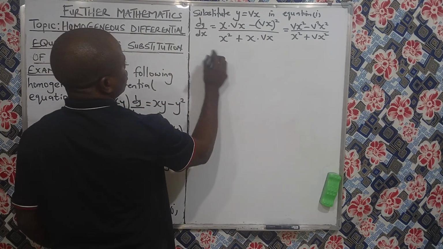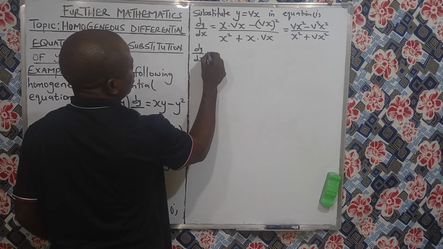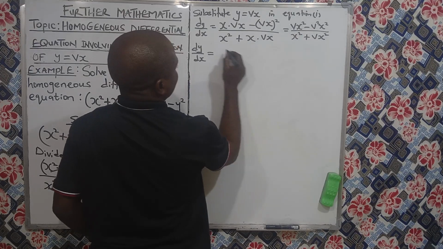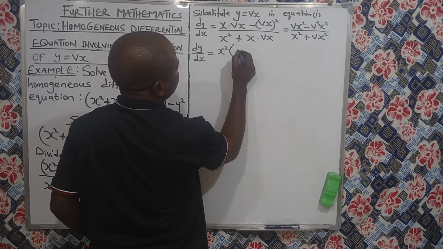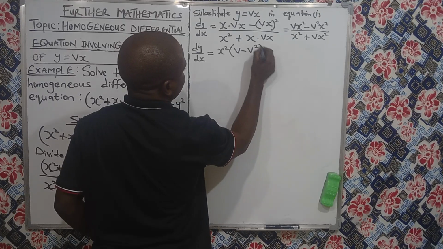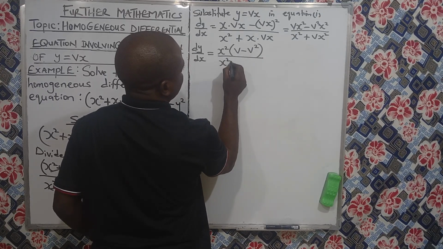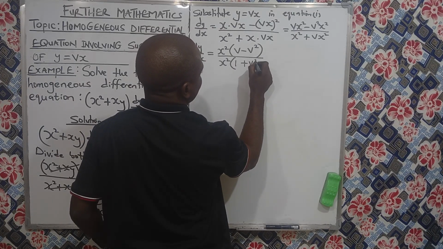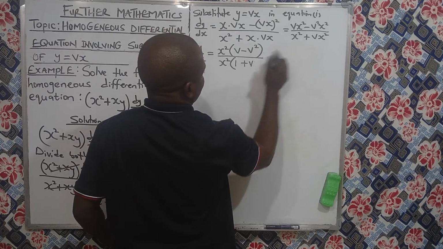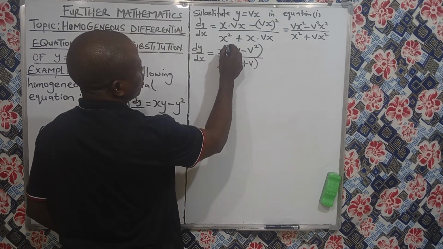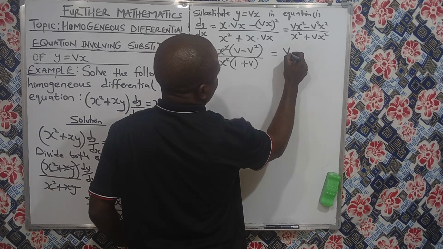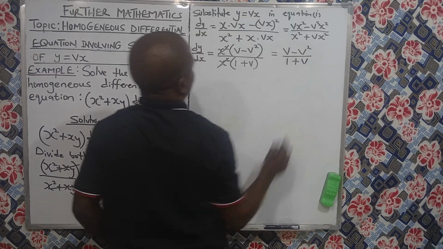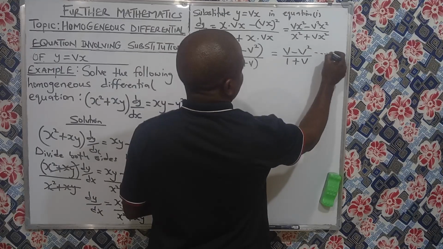And let's factorize out. dy over dx equals x squared is common, x squared into v minus v squared divided by x squared into, yes, we have 1 left, 1 plus v, x squared cancel out. We are left with v minus v squared over 1 plus v. Okay, let's call this one equation 2.